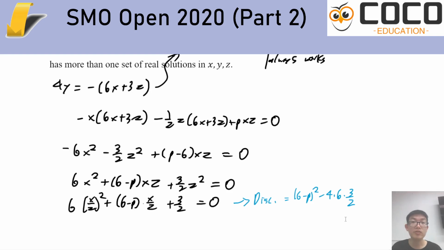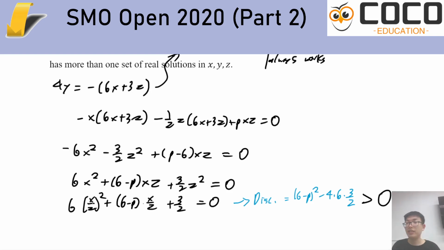In the 2020 SMO Open, many students basically auto-completed in their mind, "or has more than one solution." More than one solution means greater than. That is normally true, except that you don't realize that if you have one value of x over z, that already gives you infinitely many values of x and z.